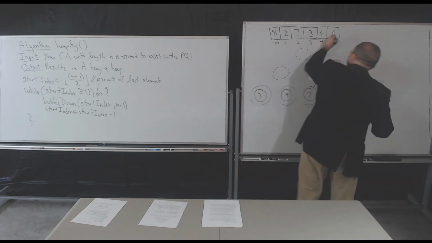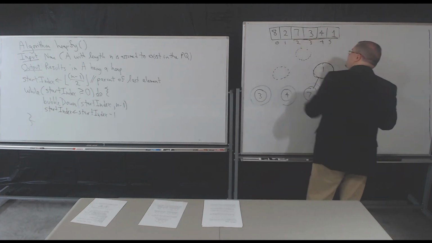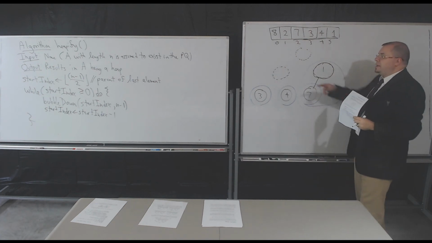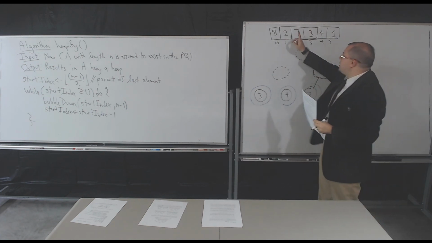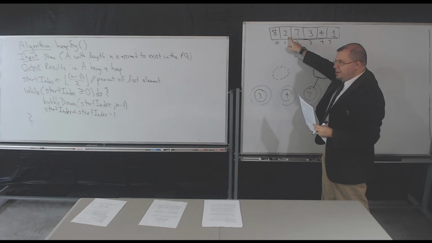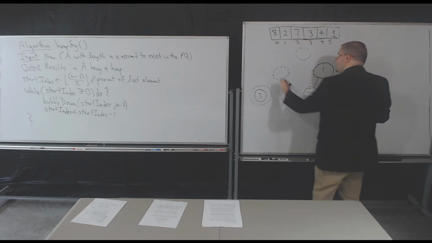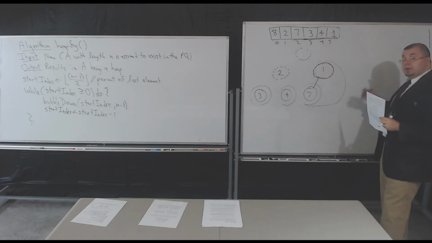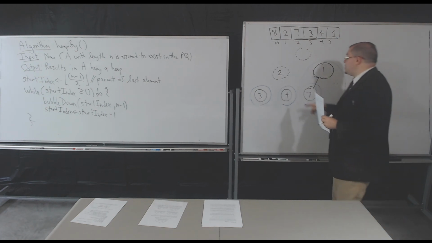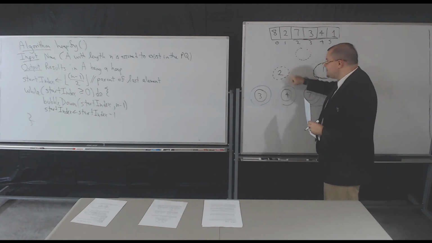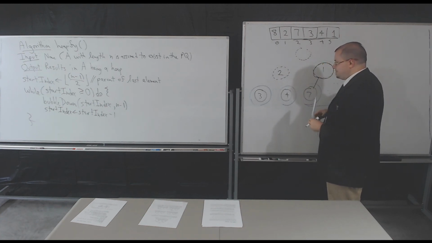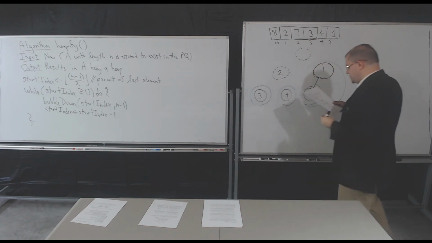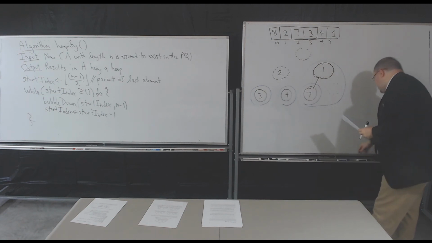So far we've considered all the elements up to here. Okay, so then I decrement start index, so now I'm considering right here. Then I do bubble down. Now you've got to imagine 2's right here. And I want to build another heap rooted at this node. Do I have to do anything? No, of course I don't.